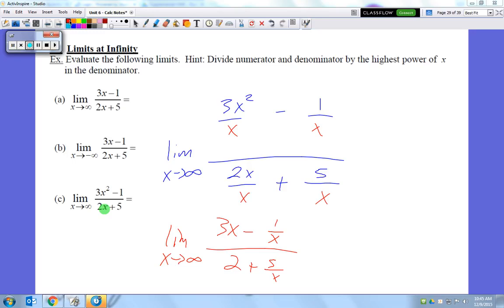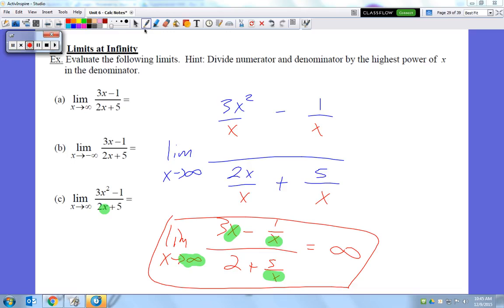It's like whenever I used to say long ago, you just canceled h. What is the next thing that you're going to do? You're going to plug in that 0. Harry, when I plug in infinity here and here, what do those fractions converge to? 0. So now plug in infinity here, Harry, and what is your ultimate answer? Infinity. 3 times infinity divided by 2 is a positive infinity.